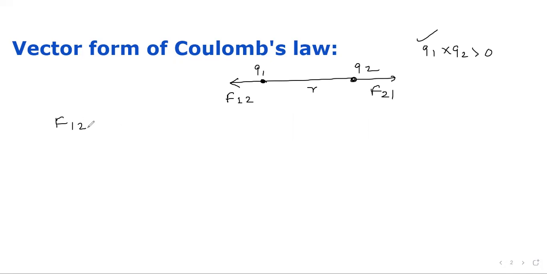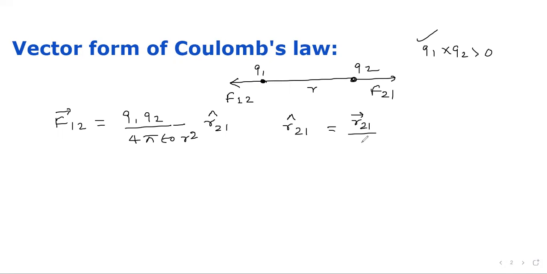Now F12, force on charge 1 due to the second charge, is given by Q1 Q2 divided by 4 pi epsilon naught R square times unit vector R21, where R21 unit vector is equal to vector R21 divided by its modulus.